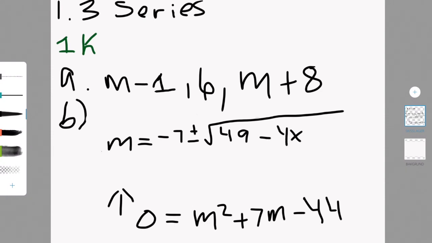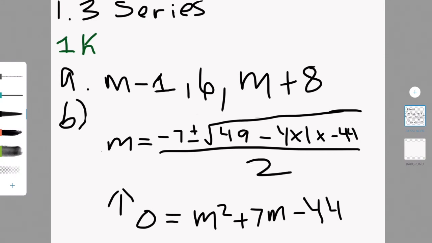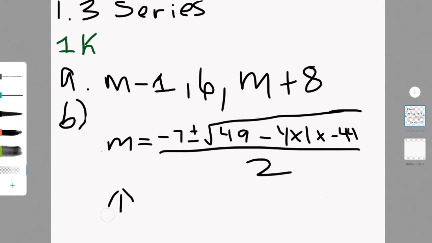However, if that is not the case, you should definitely go and learn the quadratic formula because it is very helpful in this situation. The term with the m squared is what a was, the term with the m but not squared is what b is, and the constant is c. Obviously, we're not using x, we're using m in this situation. Essentially, I did this formula and I found that it was either 4 or negative 11.